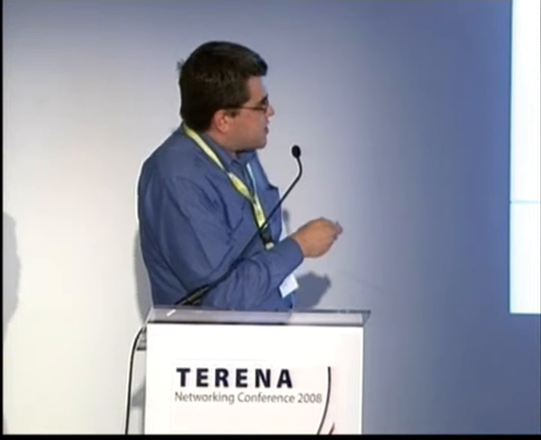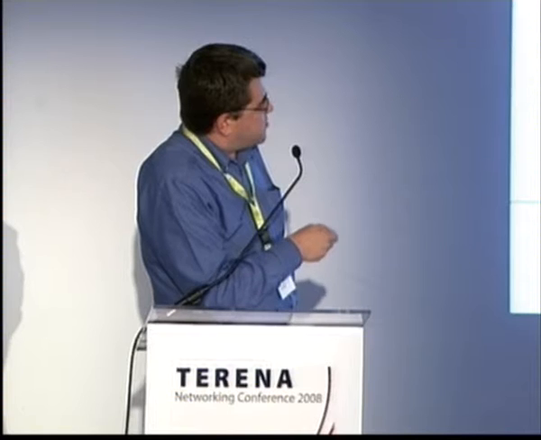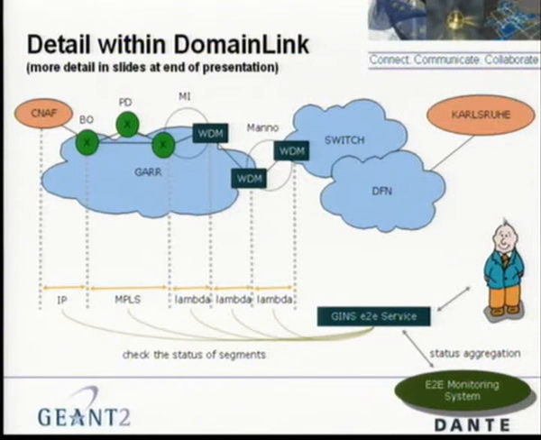Well, in their case, it is itself a hybridized domain link in so much as it consists of a wavelength running through some WDM equipment here. This happens to be ADVA equipment. And then there's an LSP, which actually runs on a dedicated wavelength under normal conditions, running through some Juniper routers. So to actually construct the status of that particular domain link, they would have to put together these parts here.